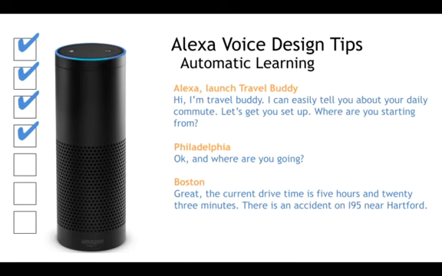Let's say you also want to leverage automatic learning. Let's say we have Travel Buddy, and I say "Alexa, launch Travel Buddy." It's the first time I'm using it, so it'll go into a welcome message, and it'll tell me what it can do. It's going to ask me where I'm going from, so I'll say Philadelphia, and where are you going?